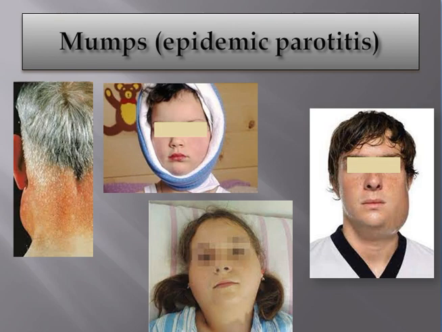As to the complications, mumps may involve organs other than the salivary glands, particularly in postpubertal patients. Such complications include orchitis, meningitis or encephalitis, and pancreatitis.